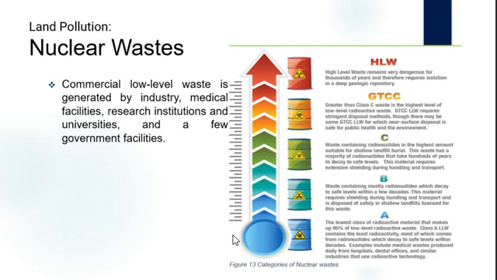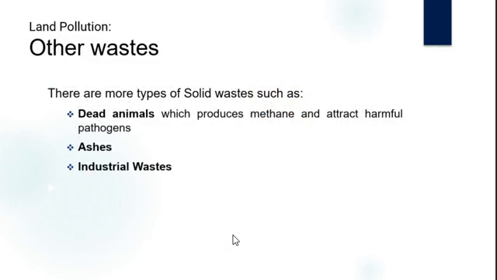Besides the other solid waste, there are other wastes such as dead animals, which produce methane and attract harmful pathogens. There are ashes or other particulate matter, and industrial waste. More on that later.